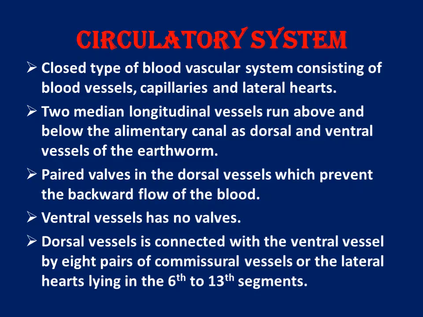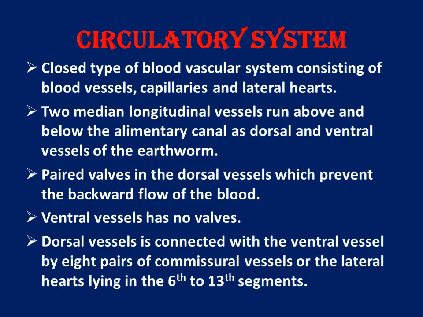Above the intestine is called dorsal and below it is called ventral longitudinal vessel. The dorsal vessel has valves which prevent the backward flow of the blood. The ventral vessel has no valves. The dorsal vessel is connected with the ventral vessel by 8 pairs of lateral hearts. They lie from the 6th to 13th segment.